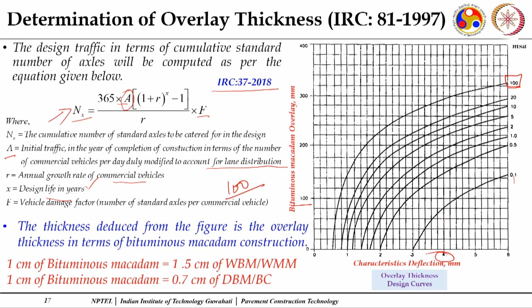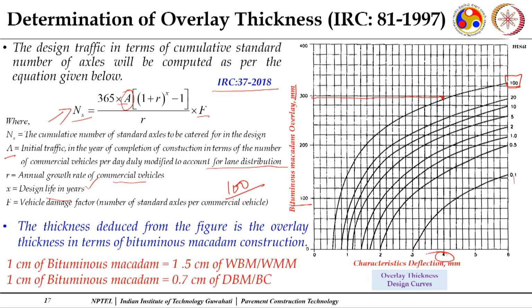Then you work out how much overlay thickness you get. From here, this may be somewhere around 295. So, 295 mm of overlay thickness is required for this pavement structure.